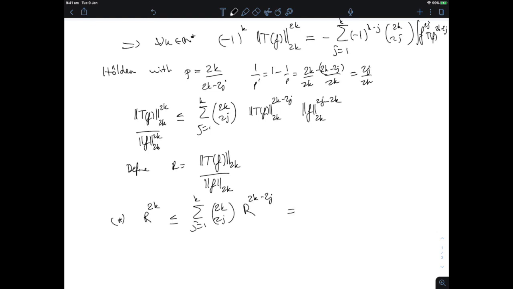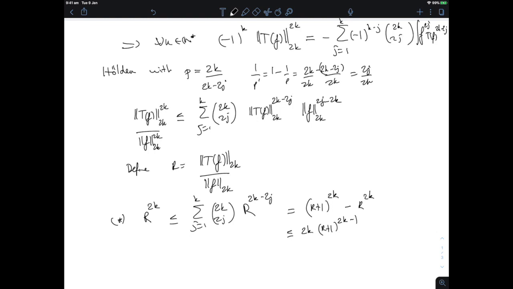This is R plus 1 to the power, if I had the sum all the way to 0, I would get exactly R plus 1 to the power 2k. And that's the expansion of that. But I don't have the term at 0, so I should subtract the term at 0, which is R to the 2k. Now you can do a bit of calculus on that. This is certainly smaller than 2k times R plus 1 to the power 2k minus 1.